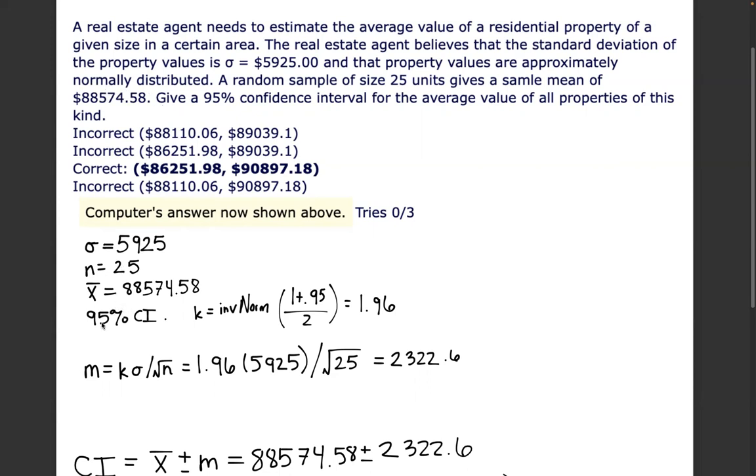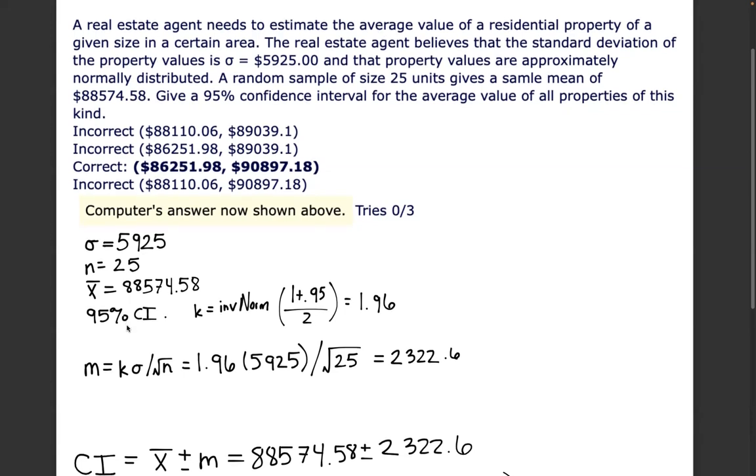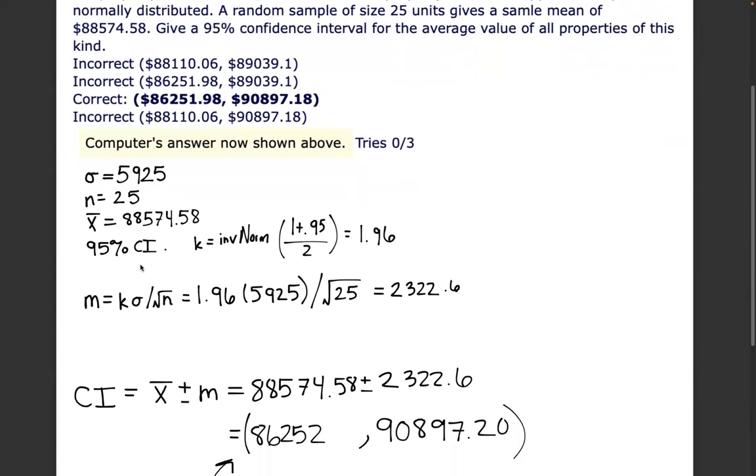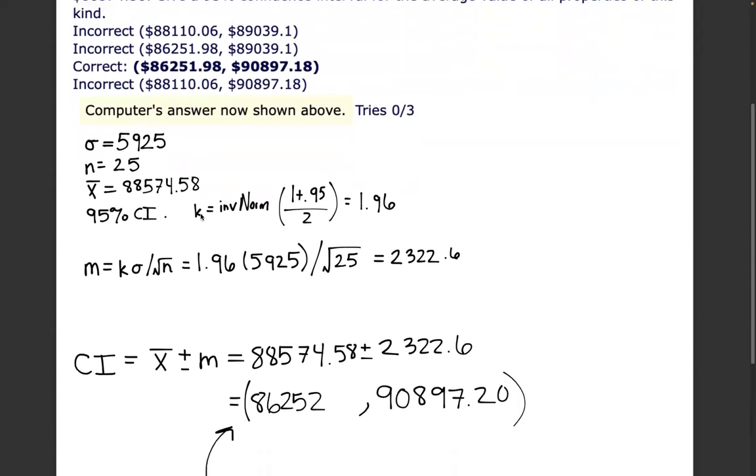We want to give a 95% confidence interval. Okay, so now we're ready to jump in. So our K, for a 95% confidence level, is going to be 1.96. Our M is going to be K times sigma divided by the square root of N.